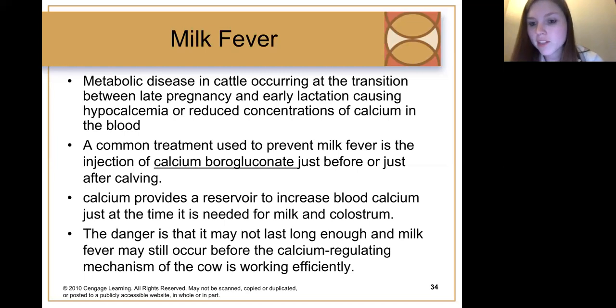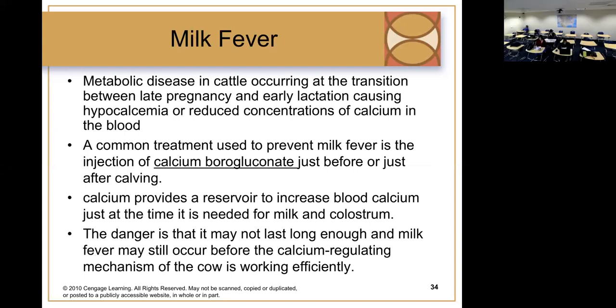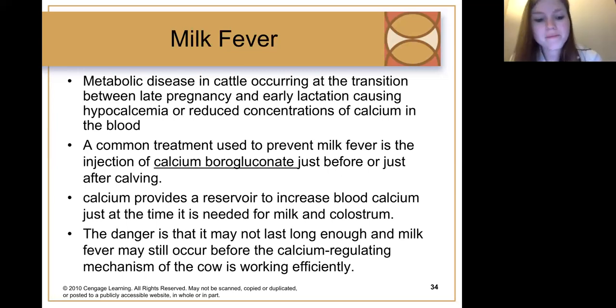A common way to treat that, which we talked about, is the injection of calcium borogluconate, which is basically just a big dose of calcium just before or after calving to prevent that. So understand what milk fever is if you have cattle or are ever around cattle, especially dairy cattle because they produce a lot of milk. It's something to be aware of, and it can be prevented with just a simple dose of calcium right before. So be familiar with that and don't confuse it with mastitis.